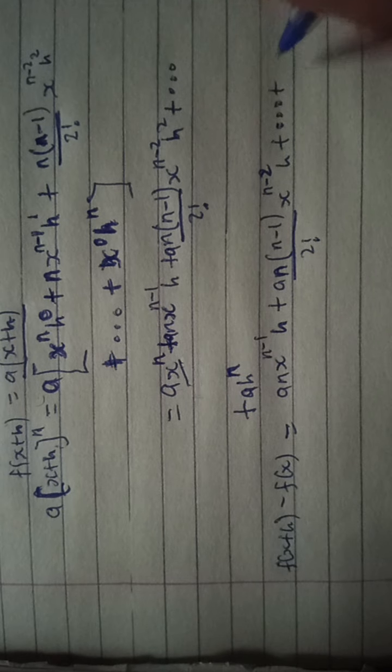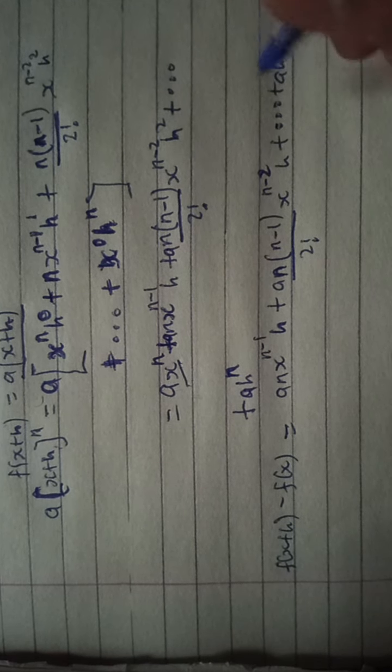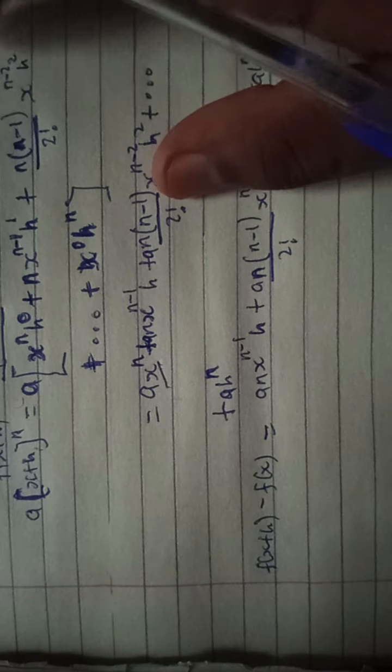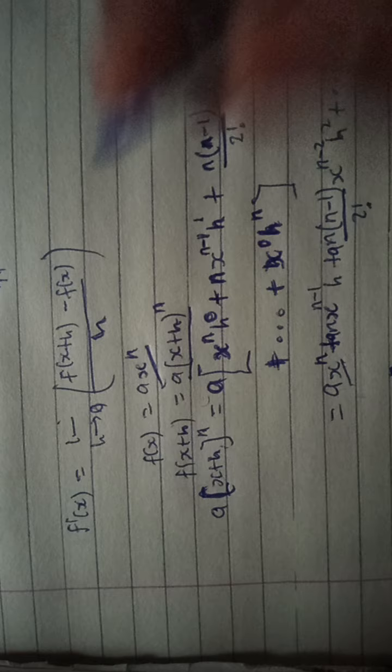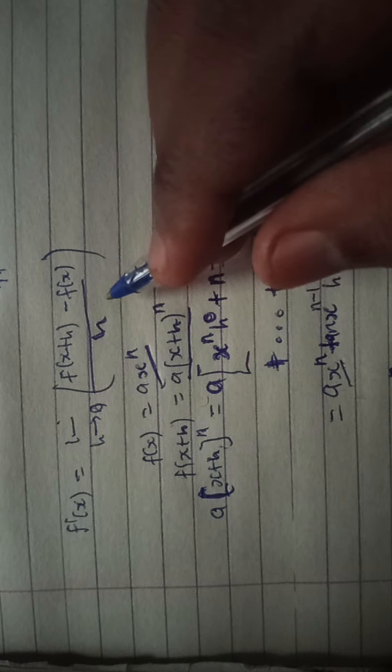This in that. Then plus a h power n. Then because our aim is always to do away with getting an undefined expression or value, we will have to factor.